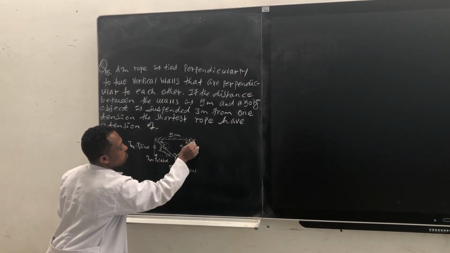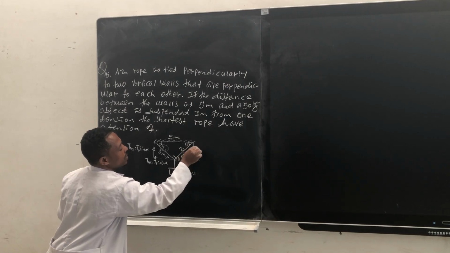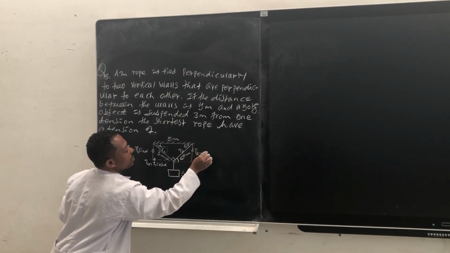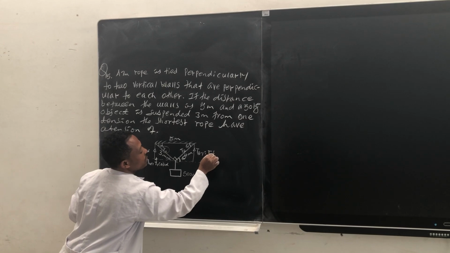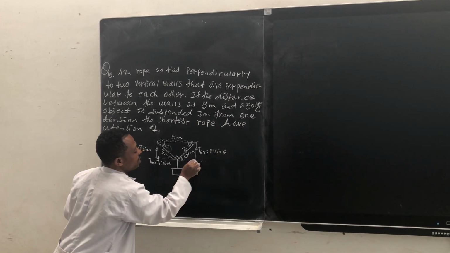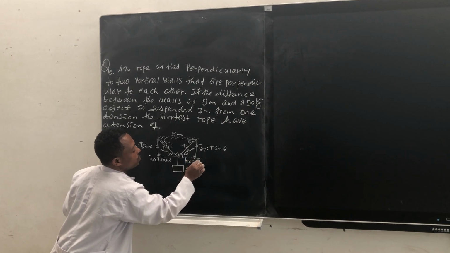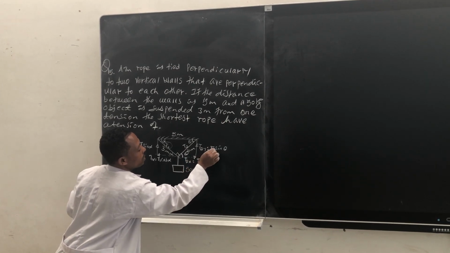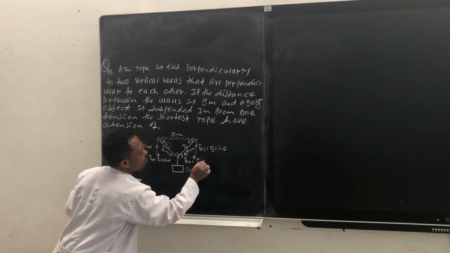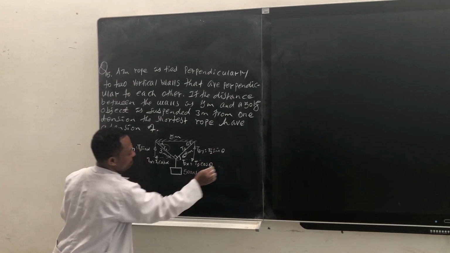The same principle is true for this one. T2y becomes simply T2 sine of theta, and T2x becomes simply T2 cosine of theta.